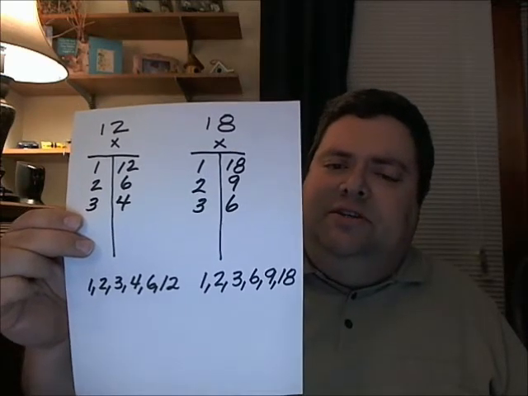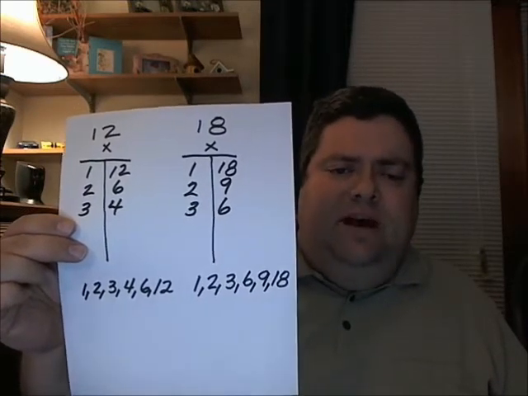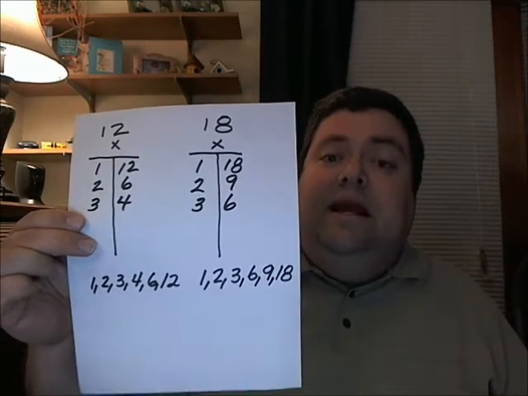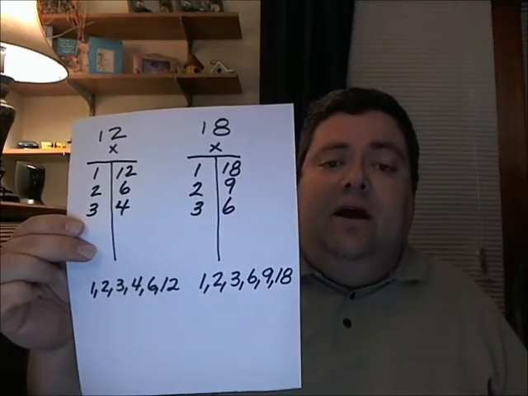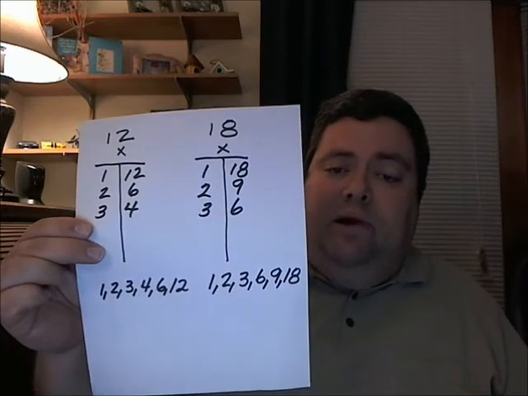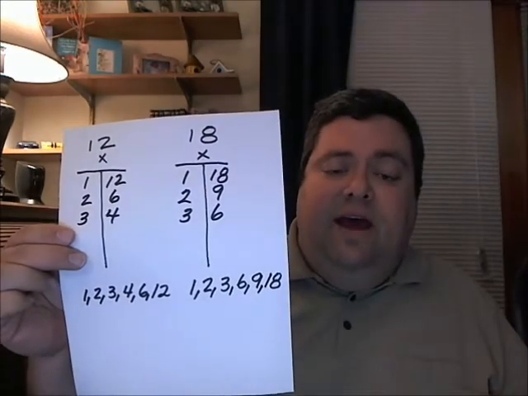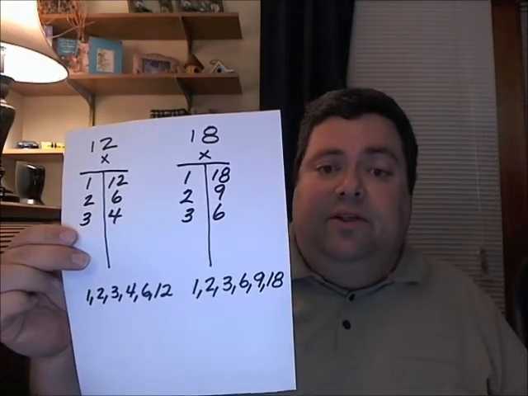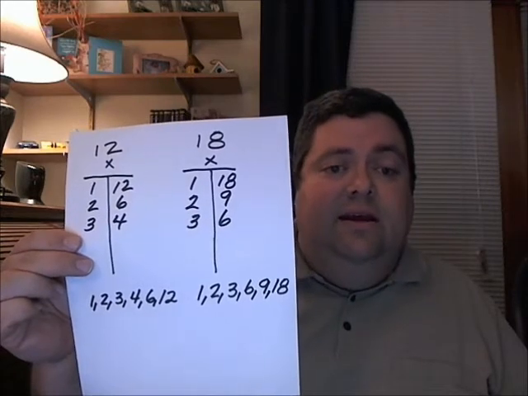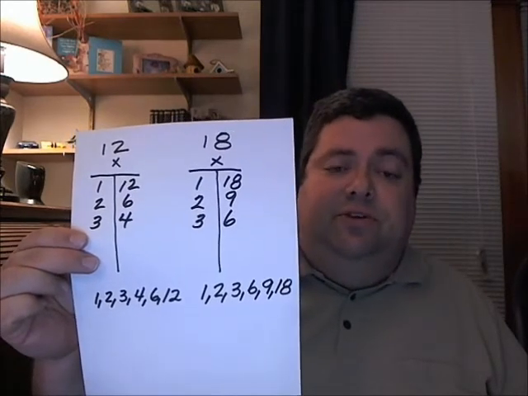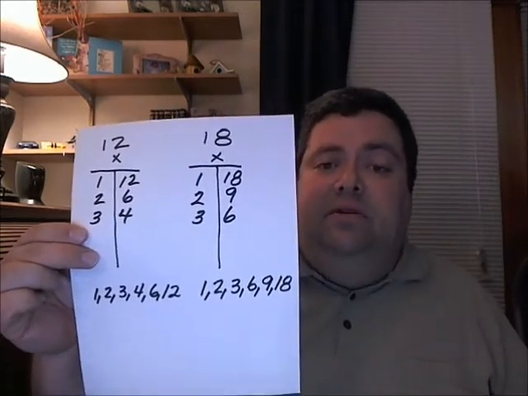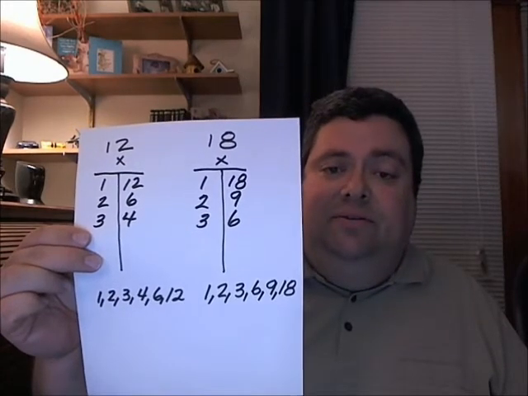So the question is, how do I choose the greatest common factor when there are so many common factors? Well, it's in the name. When we break down the name, greatest common factor, there are 3 words there, and if we think about what they each mean, that will tell us which number to choose. The word greatest means the largest factor.